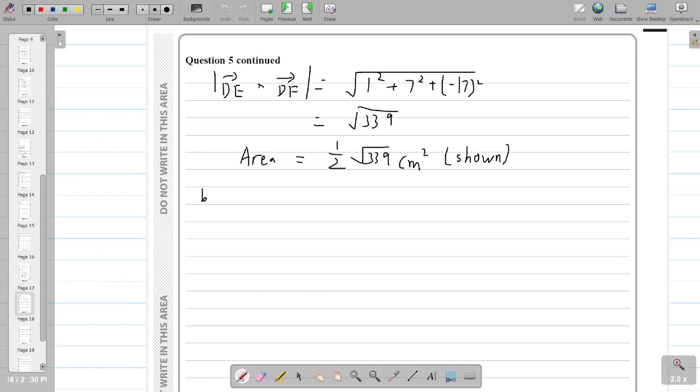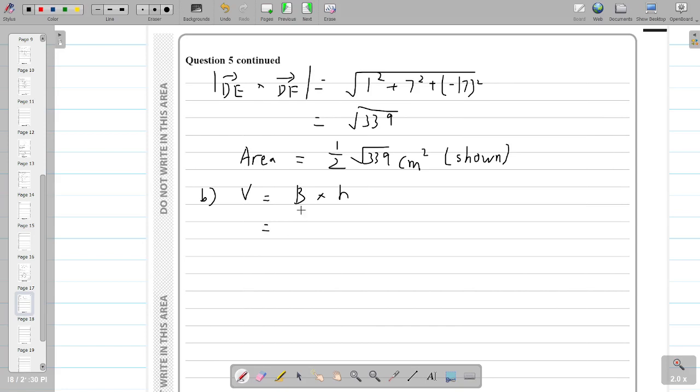Okay, so part B. So we want the volume. So volume is going to be equal to, this is just base area times height. So base area times height.